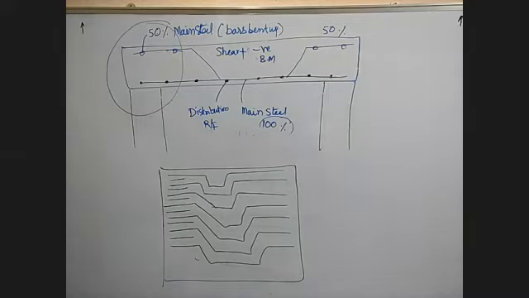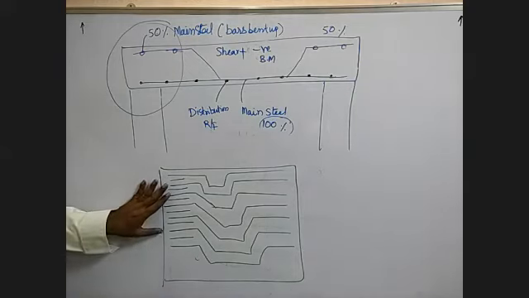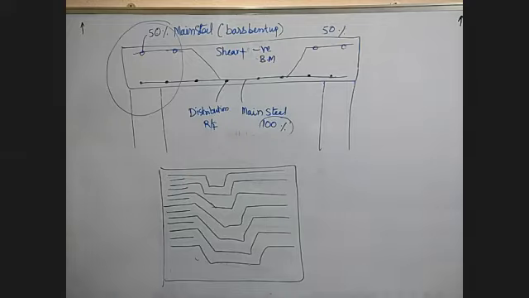But in the slab, we don't provide any shear reinforcement, but we provide negative reinforcement. Negative reinforcement takes care of the negative bending moment, and it helps in the shear also.